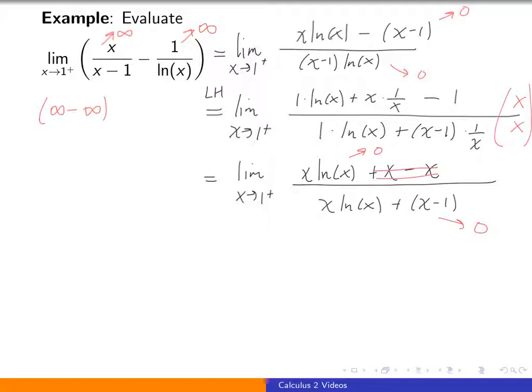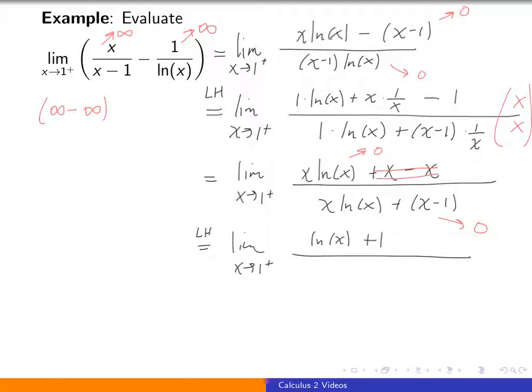So once again, we apply L'Hopital's rule. And we keep doing this until we get to a limit that we can evaluate. So recall that we've seen above, when we differentiate x ln of x, we ended up with ln of x plus 1. So when we differentiate the top, we're going to have ln of x plus 1.